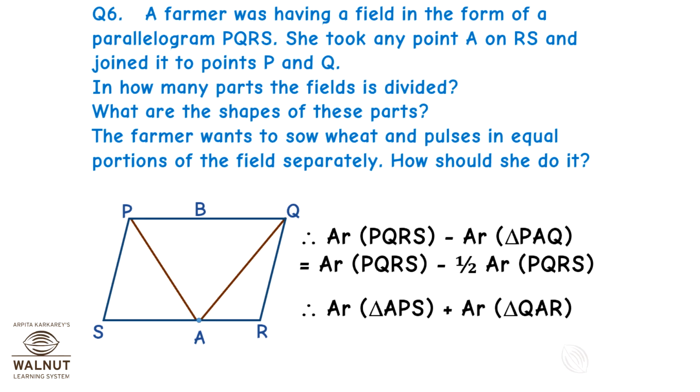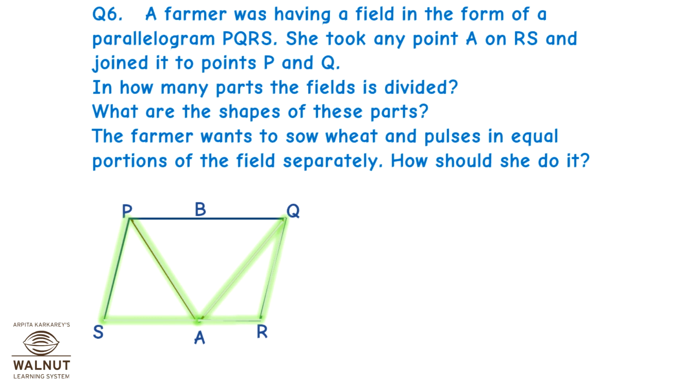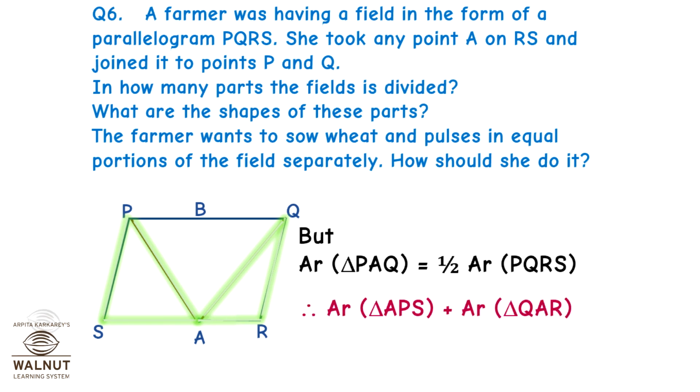Therefore, area of triangle APS plus area of triangle QAR is equal to half of area PQRS. But area triangle PAQ is equal to half of area PQRS. Therefore, area of triangle APS plus area of triangle QAR is equal to area of triangle PAQ.